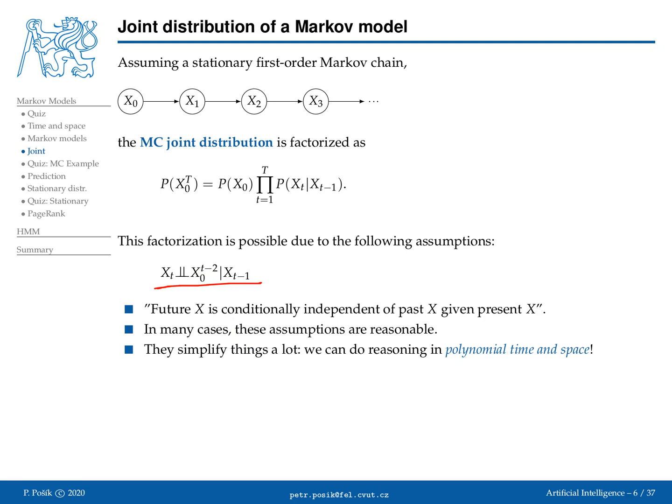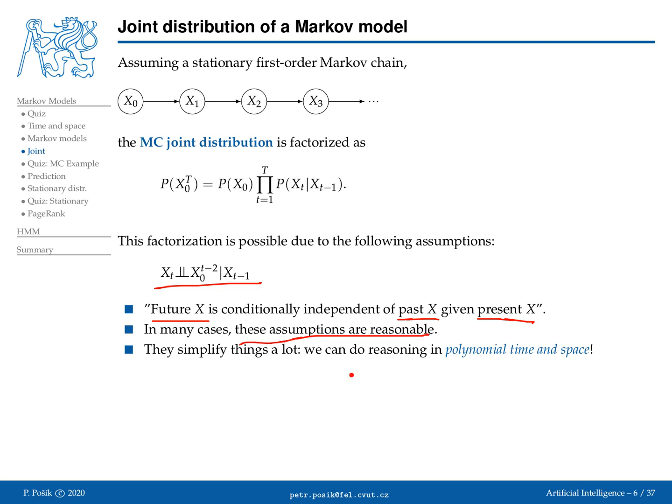This can be informally stated as: the future x is conditionally independent of past x given the present x. This is some mnemonic help that many people use to memorize these assumptions. And it turns out that in many cases, these assumptions are actually reasonable.